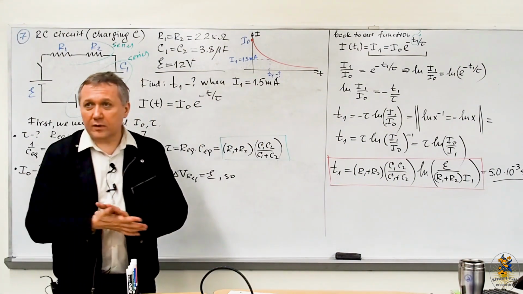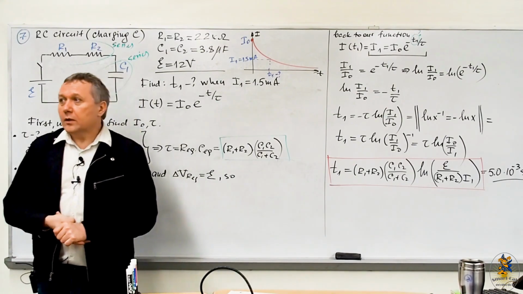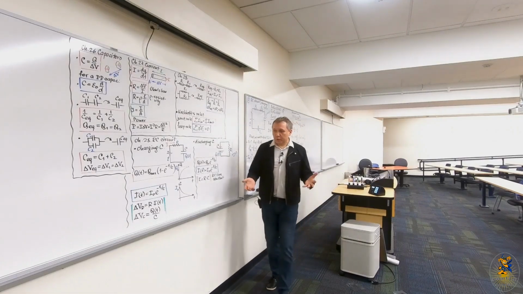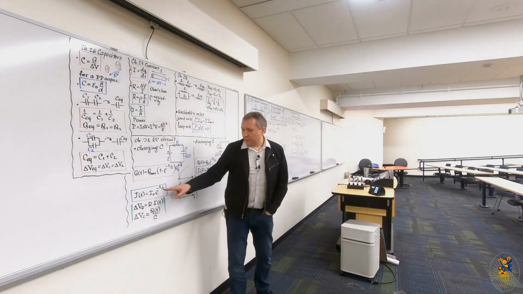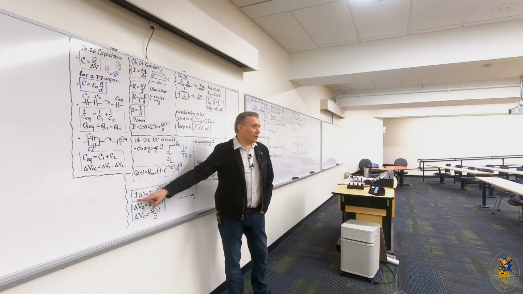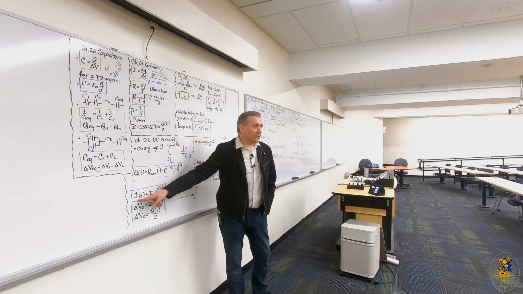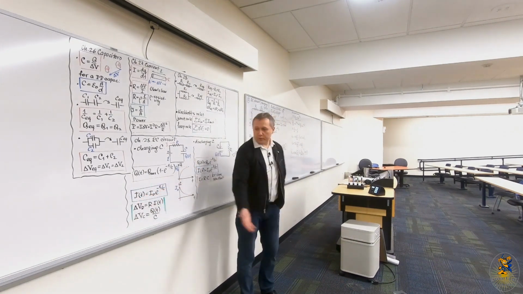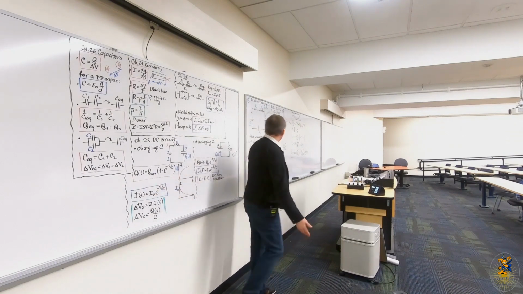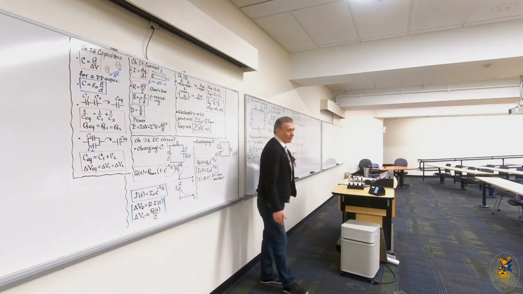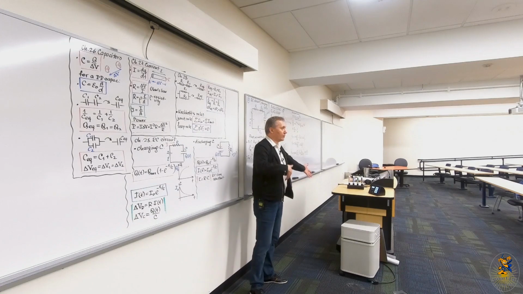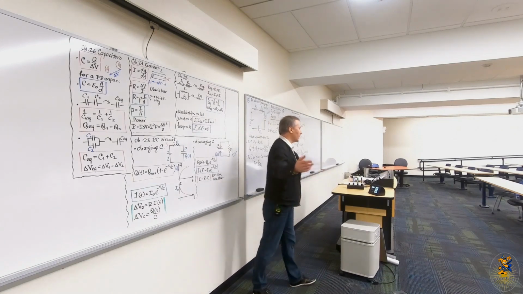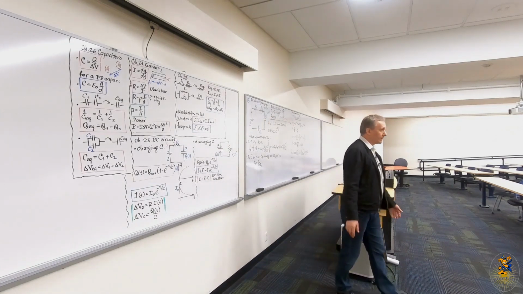Again, problems are about RC circuits. Usually there are two types of them, right? Either a moment of time is given and you need to find the value of current or charge or potential, or the value of something is given at a certain moment and you need to find at which moment of time that happens. And of course, there might be some preliminary steps, like in this case, where you first need to find the time constant, or maybe a maximum potential difference or maximum current at the initial moment of time.